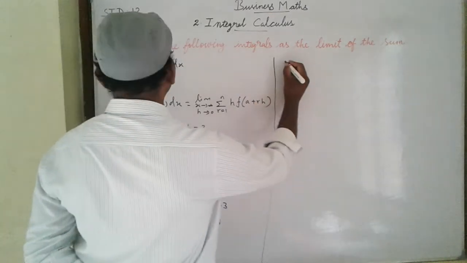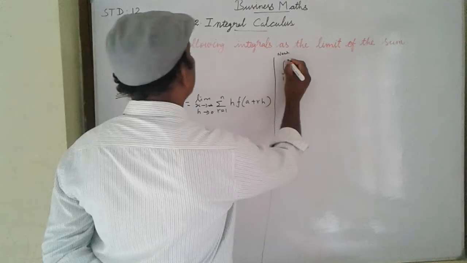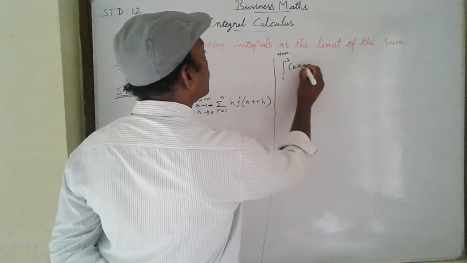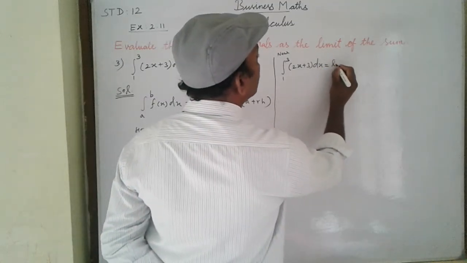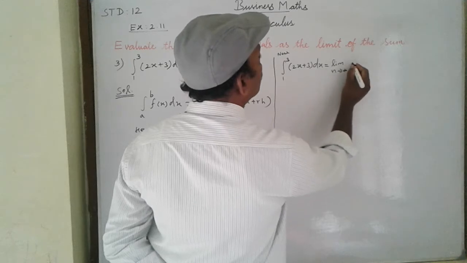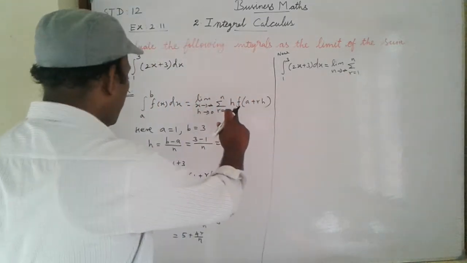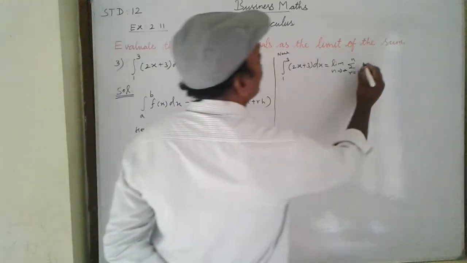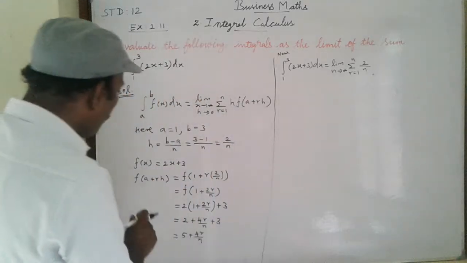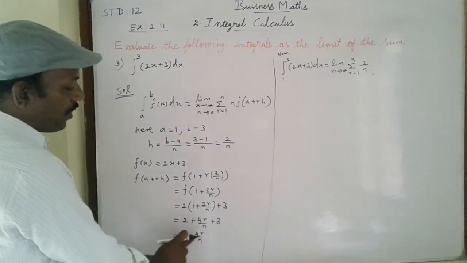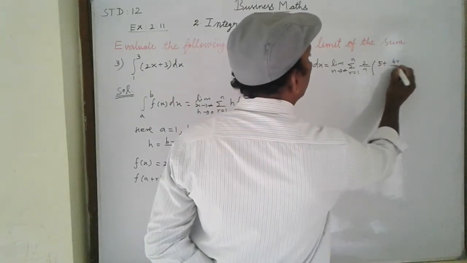Next row. Find the interval value. Interval 1 to 3, 2x plus 3 into dx is equal to limit n tends to infinity sigma r equal to 1 to n, h is 2 divided by n, f of a plus rh is 5 plus 4r divided by n.